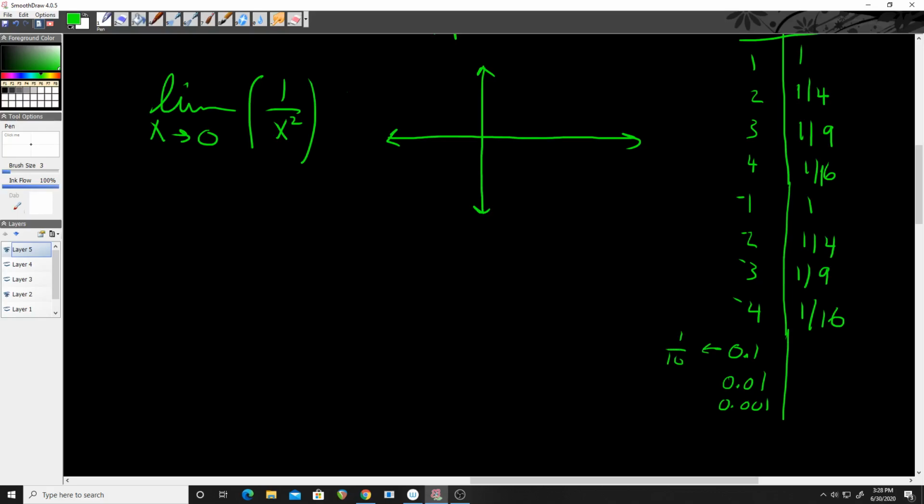If you square 1 over 10, you're going to get 1 over 100, and 1 over that, 1 over 1 over 100 is 100. If you square 1 over 100, you get 1 over 10,000, and then 1 over that is going to be 10,000.